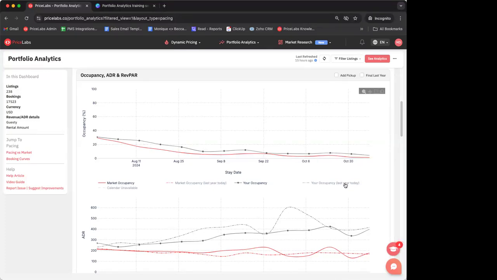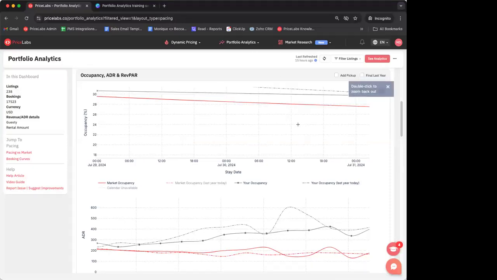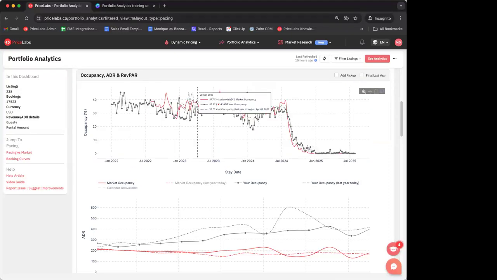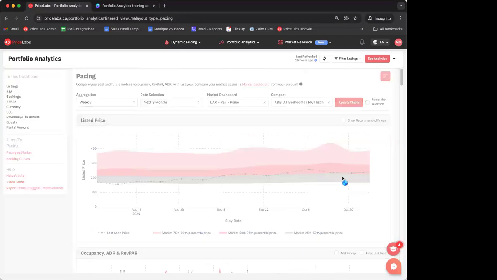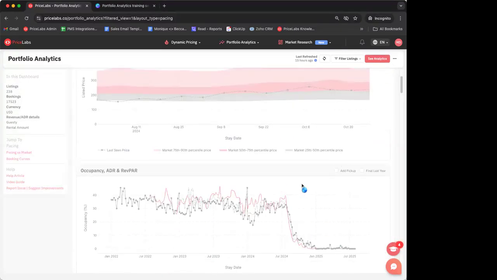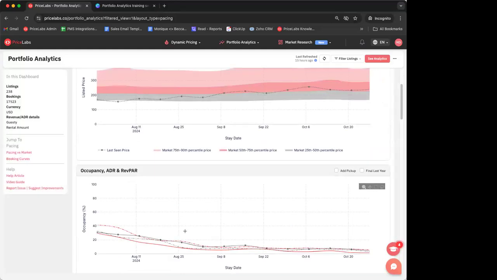We can also add in your occupancy last year today. So it looks like this portfolio, with the exception of the next few dates right here, looks like overall this portfolio is outpacing itself from the same period last year.